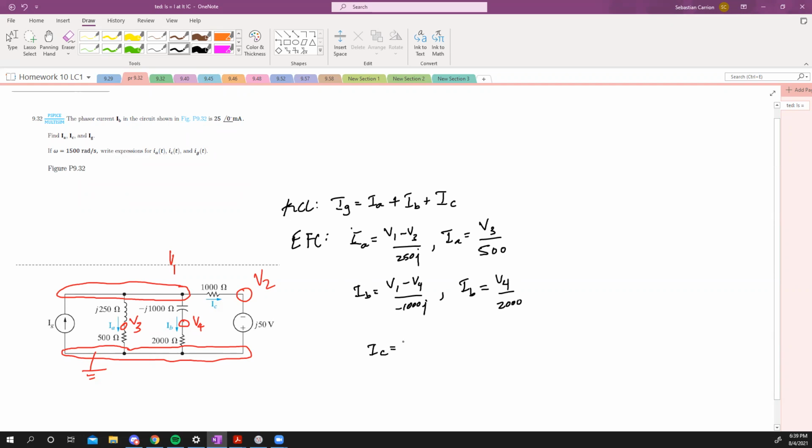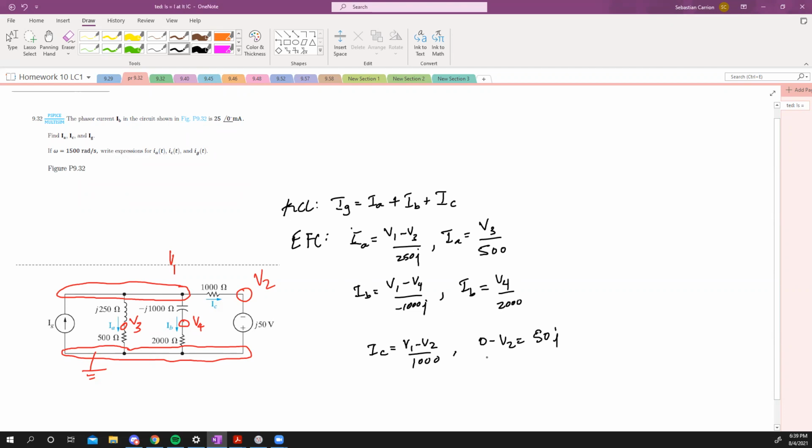IC is equal to V1 minus V2 over 1000. We know that 0 minus V2 equals 50J.